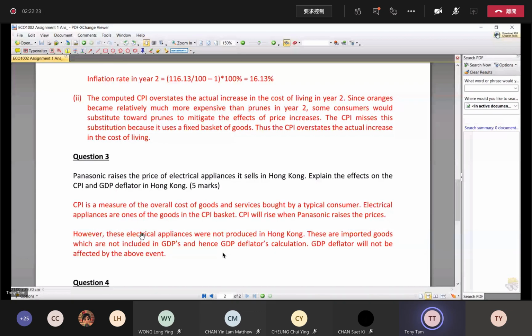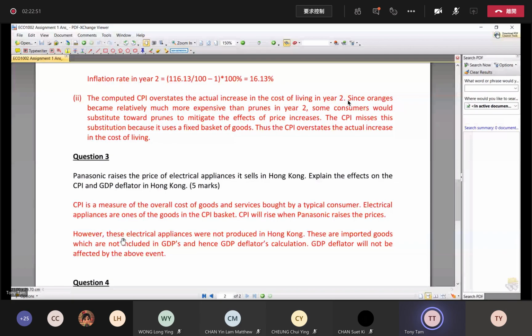However, how does it affect the GDP data? Now you know about that, just what we said. Panasonic is a Japanese firm, and the Panasonic product, that means the electrical appliance, will be an imported good for us.